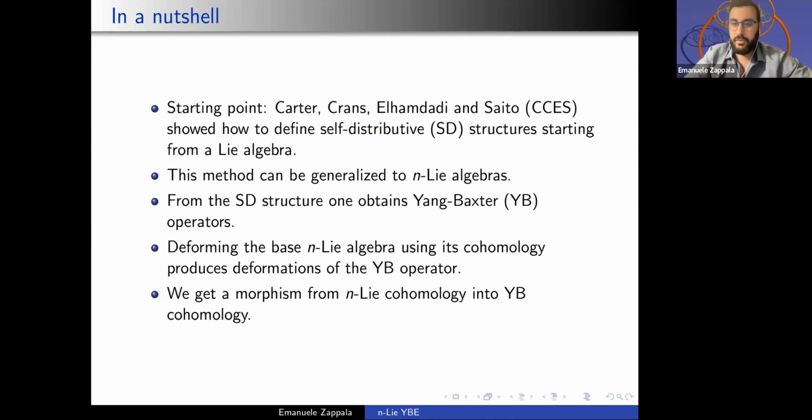Then, from there, there is another general way to construct Yang-Baxter operators from self-distributive structures. Then basically you can transfer the deformation theory of Lie algebras, which is based on cohomology of Lie algebras, the famous Chevalley-Eilenberg complex for instance, and move everything to Yang-Baxter operators.